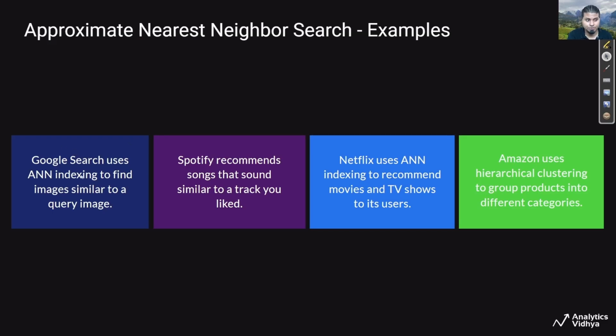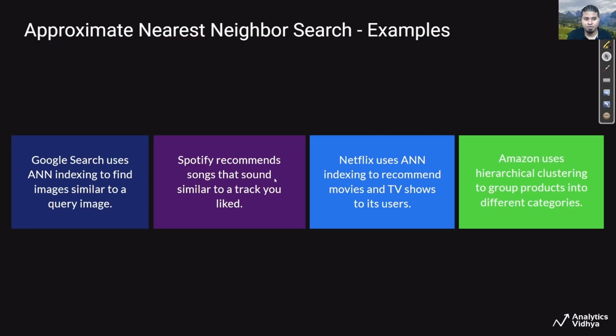Like Google search uses approximate nearest neighbor search indexing to find images similar to a query image. When you drop an image in Google search to get back a result of similar images, behind the scenes, it is using approximate nearest neighbors. Even when you search regularly in Google and it returns the results so fast, it's using approximate nearest neighbor search behind the scenes.